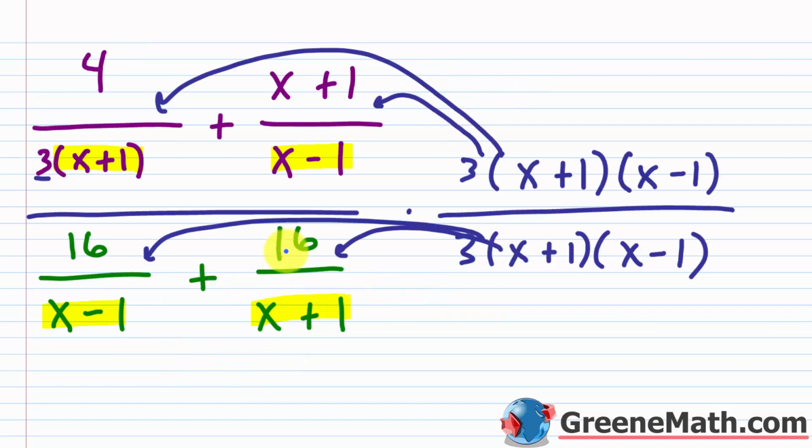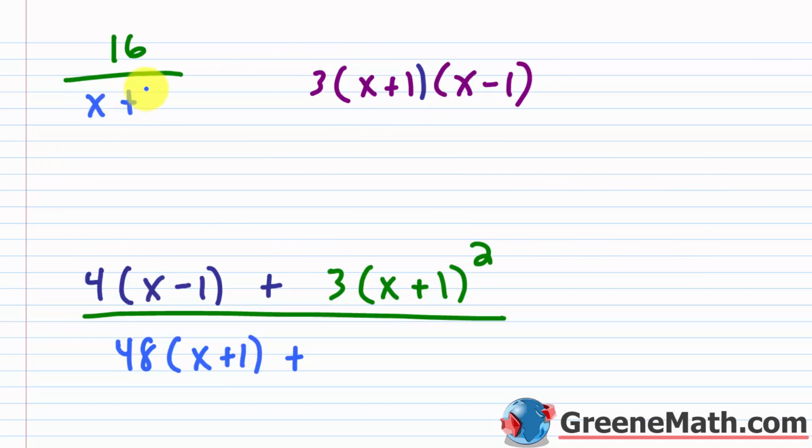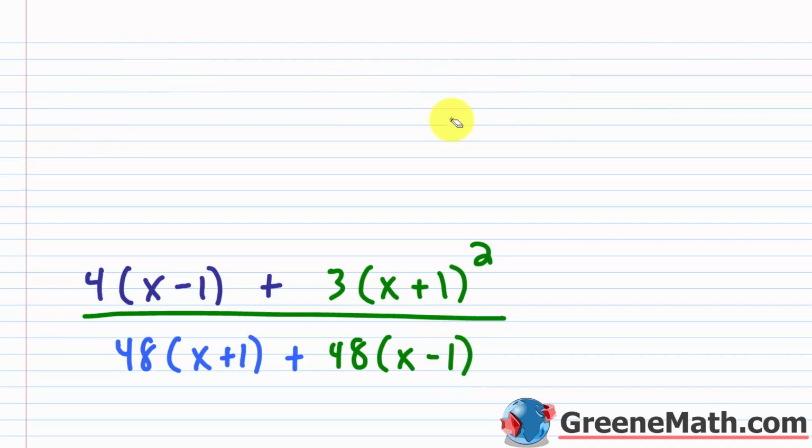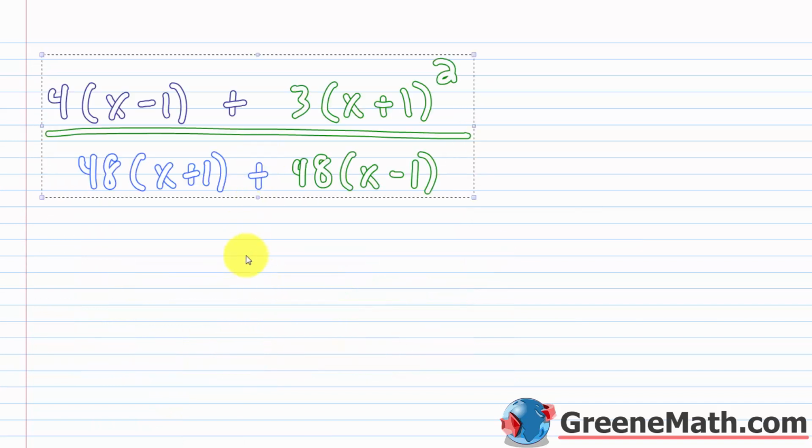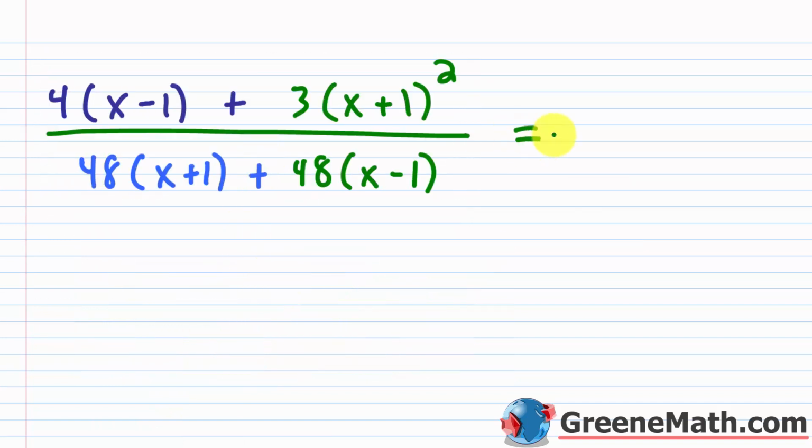So we come back up here. This is 16 over x plus 1 now. So we'll come back down here. So x plus 1. And this guy is going to cancel with this guy. So now I have 3 times 16, which is 48, times the quantity x minus 1. So at this point, we've got it to where we just need to do some simplifying here, and we'll basically have our answer. Very, very simple from this point.